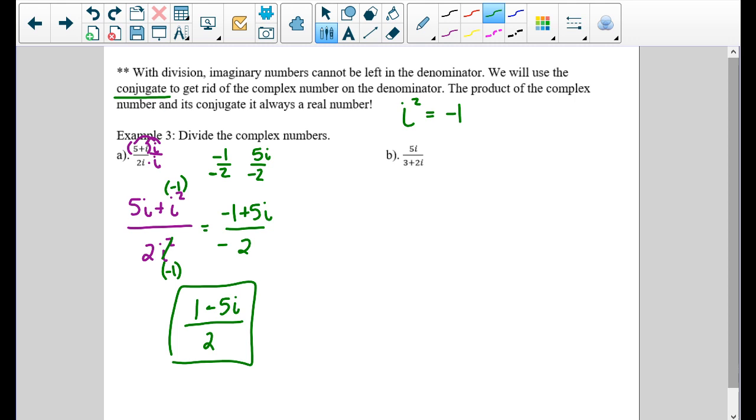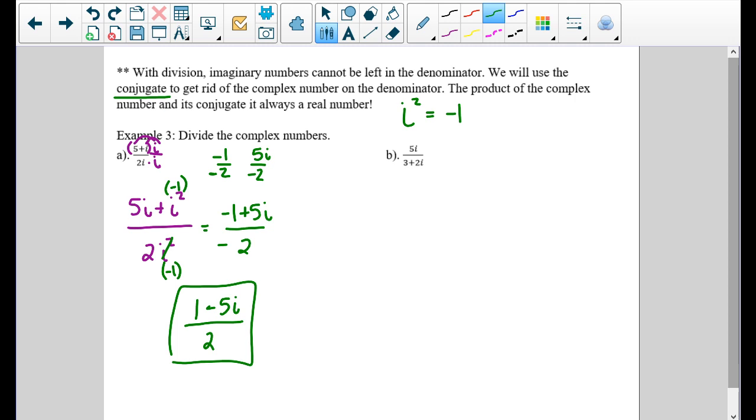All right. So in the second portion, I can't just multiply by i, because if I do, just like in the top, I still have an i in the top. One of them changed to a -1, but the 5 now has the i. So I can't just multiply this by i.